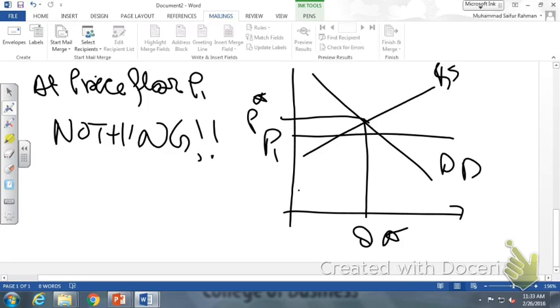Because it doesn't change market equilibrium. It does not create any kind of shortage or surpluses in the market. It doesn't have any interference over how the market mechanism works. Do we all see that? So, when the market price floor is set below the market equilibrium price, it has no effect.